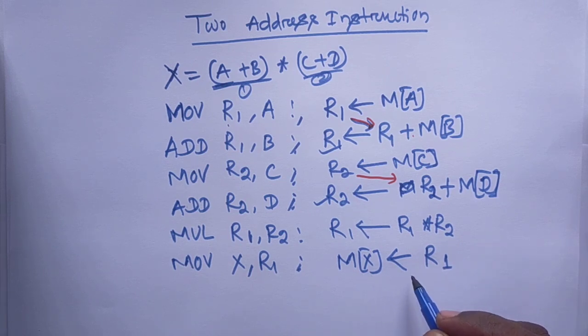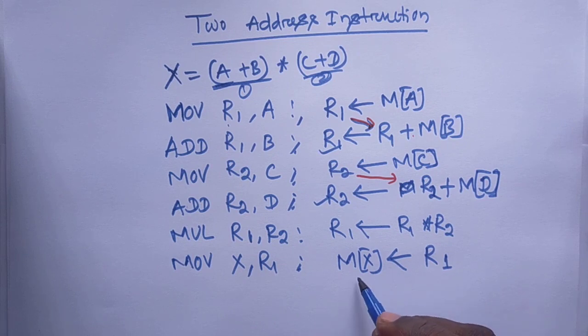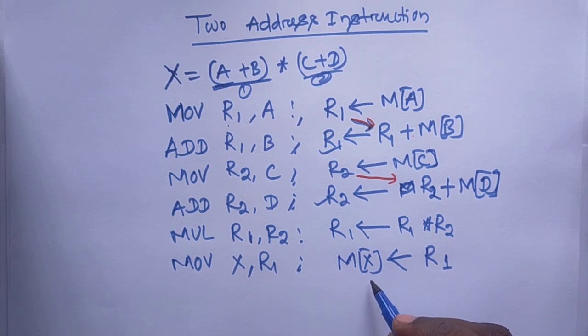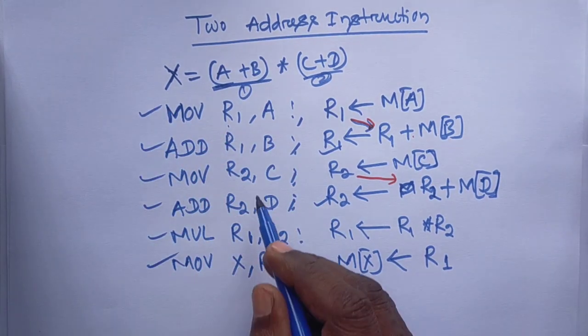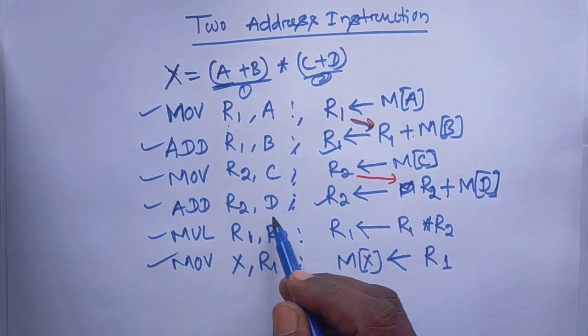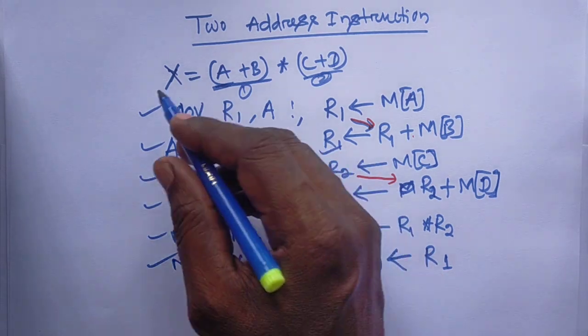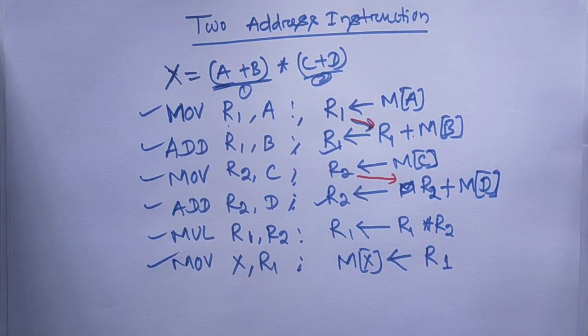You see, each instruction has two addresses: 1 2, 1 2, 1 2. Each instruction having two addresses, for that reason we call it a two address instruction.